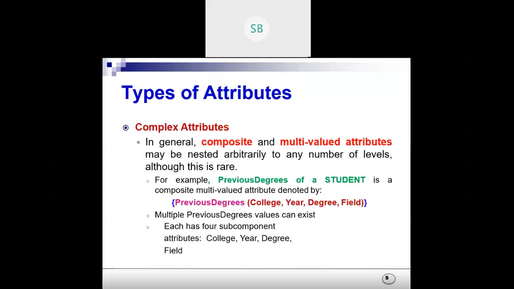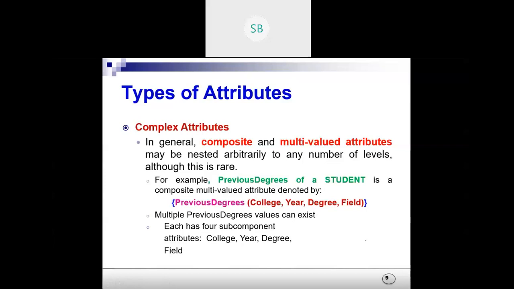Now, complex attributes. Basically, a complex attribute is a nesting of the composite and the multivalued attributes. As I just mentioned, when we use curly braces, it means we are talking about the multivalued attribute. Now, these previous degrees will be composed of composite attributes like the college, year, degree, field.